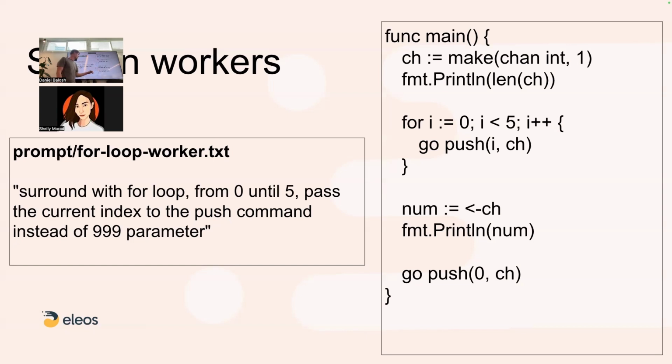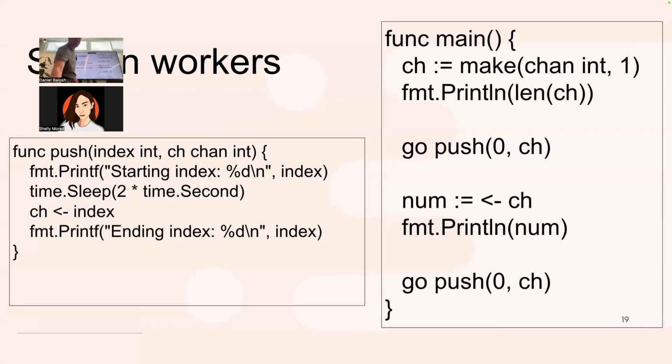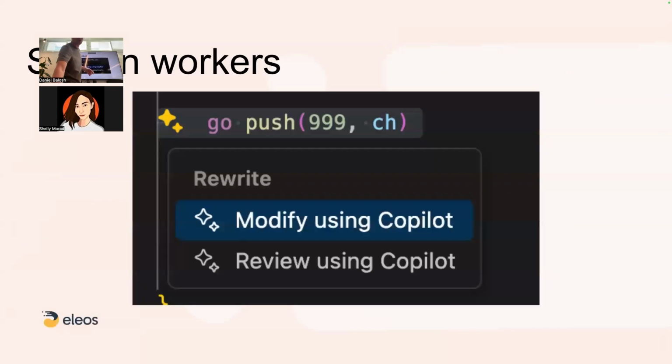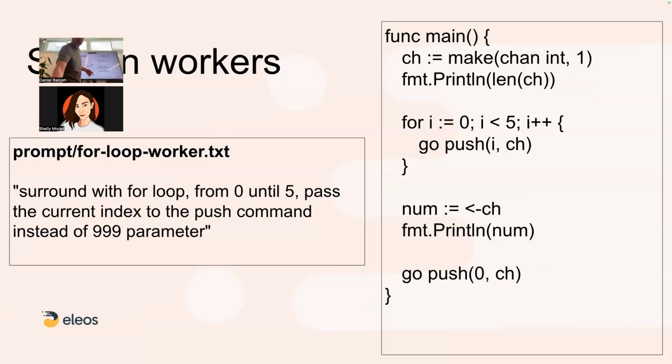And you will also see that you don't have all of the finished prints, right? You will not see the ended index for all of the workers. This is because the main thread does not wait for all the go routines, okay? You can start whatever go routines you want in the background. The second that the main thread is finished, your program is done, okay? So if you want to wait for all of the workers, you must wait for all of the workers.